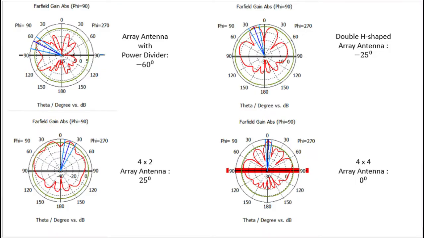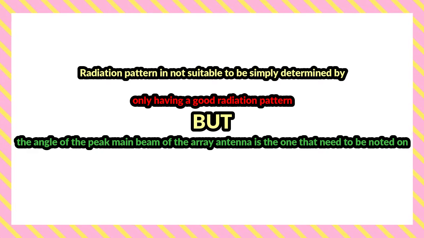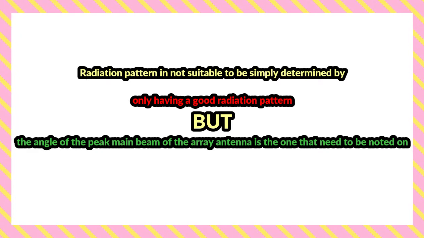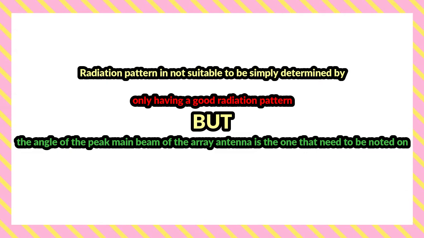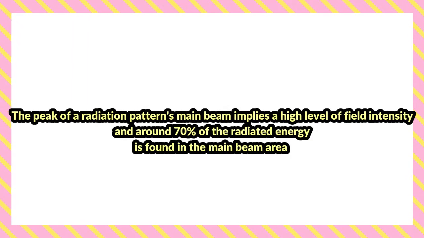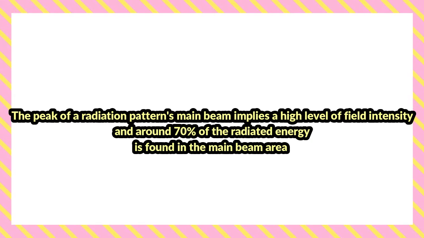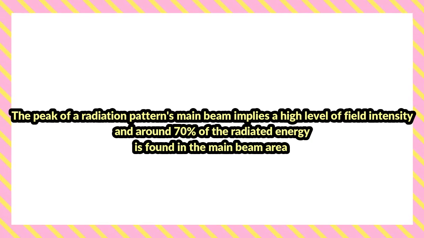Last but not least, radiation pattern is one of the essential parameters to be observed and measured in this research. It is not enough to simply have a good radiation pattern; the angle of the peak main beam of the array antenna is the one that needs to be noted. The peak of a radiation pattern's main beam implies a high level of field intensity, and around 70% of the radiated energy is found in the main beam area.